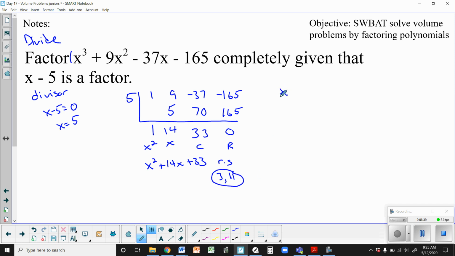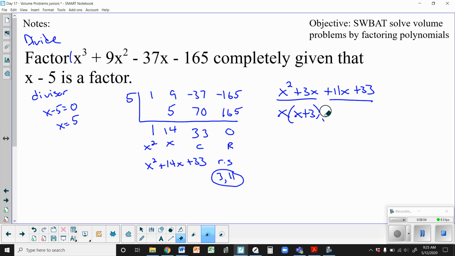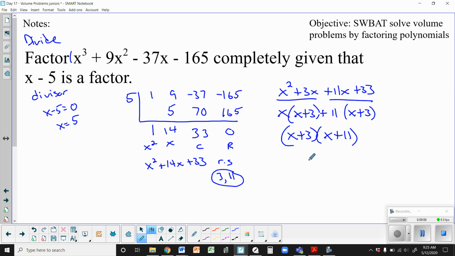So we'll have x squared plus 3x plus 11x plus 33. Left side, right side. So we have our x plus 3, and then plus 11, and same thing, x plus 3. So we can factor out the x plus 3, left with x plus 11.